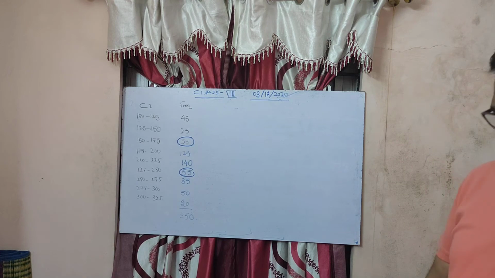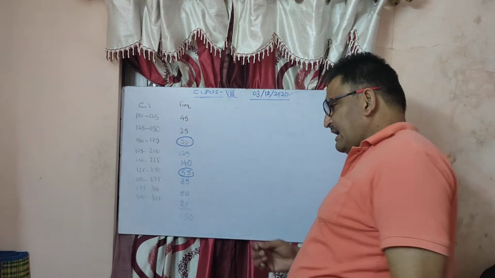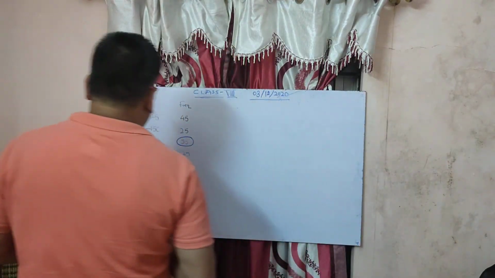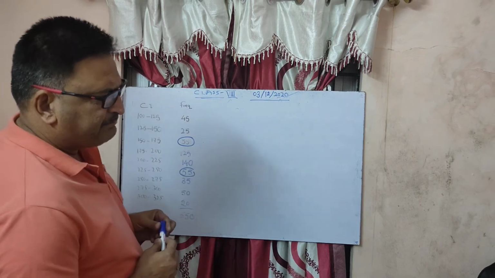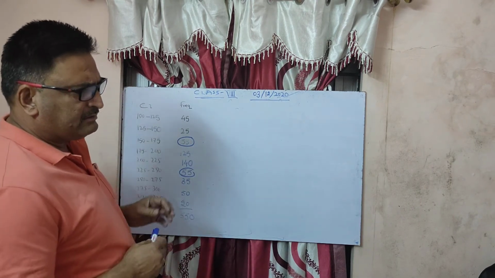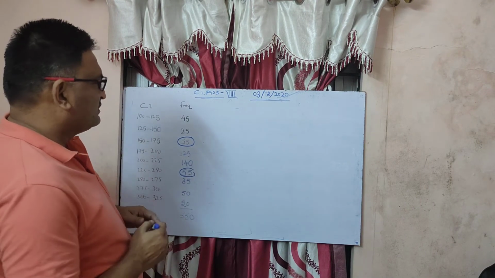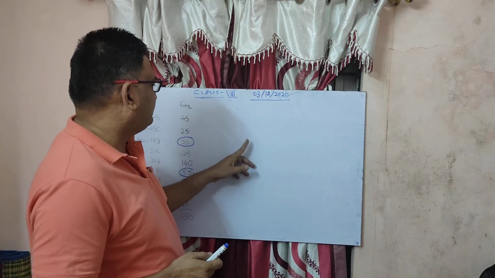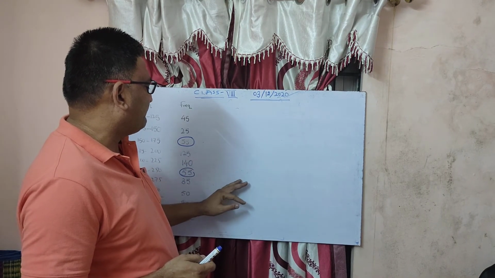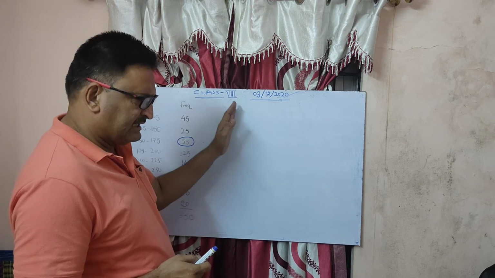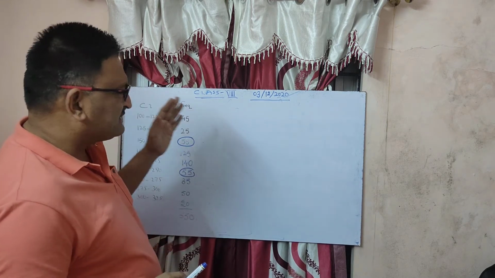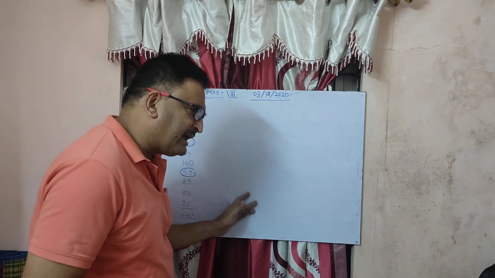Now there is something I will tell you. In the previous example, in the first example, I had taken numbers like 1, 3, 7, 8, 9, 11, 5, 7, isn't it? So those numbers are called ungrouped data.